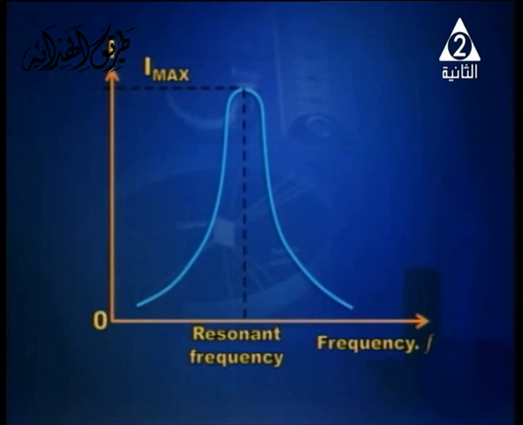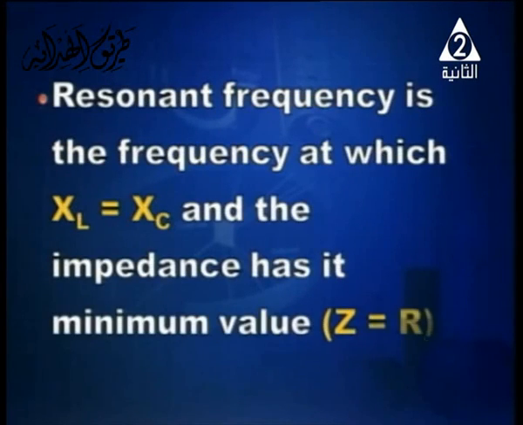So this is the graph that shows the relation between current and frequency. Resonant frequency is the frequency at which XL is equal to XC, and impedance is minimum and equal to just the ohmic resistance.